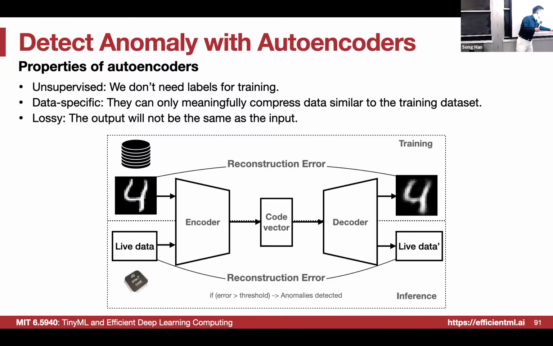So we have to carefully tune this threshold to avoid false positives and false negatives. A false positive is when it's actually good normal data, but we flagged it as abnormal, so we want to avoid those cases. A false negative is when it should have been flagged as abnormal data, but it was flagged as normal data.